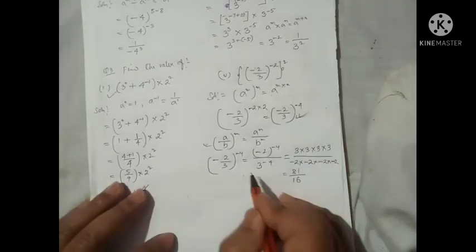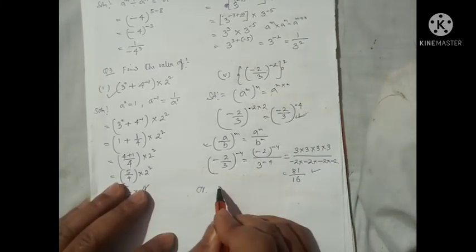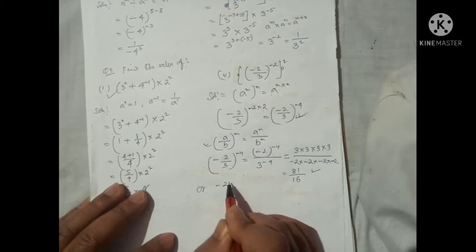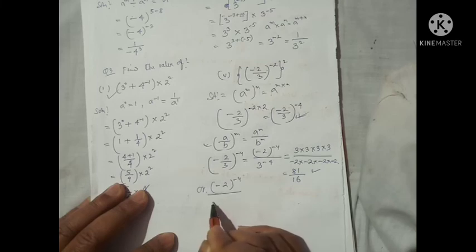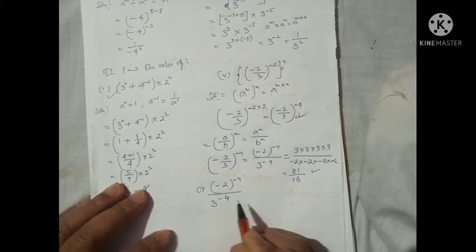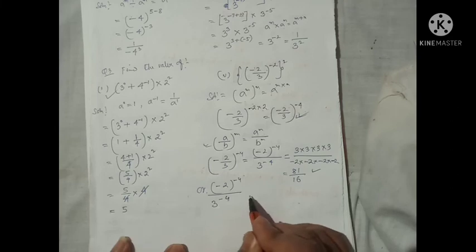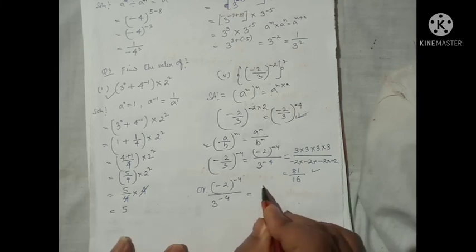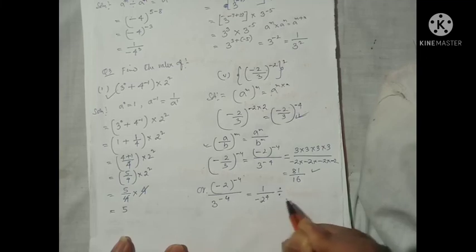Or we can calculate this step in another way. Minus 2 to the power minus 4, divided by 3 to the power minus 4. Here it is in the form of a negative exponent, so we can calculate in this way also. 1 by 2 to the power 4 divided by 1 by 3 to the power 4.